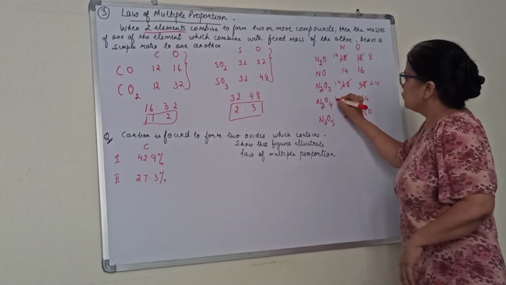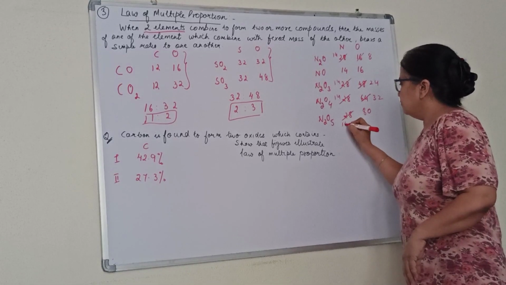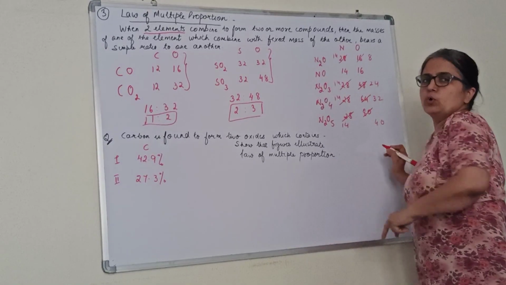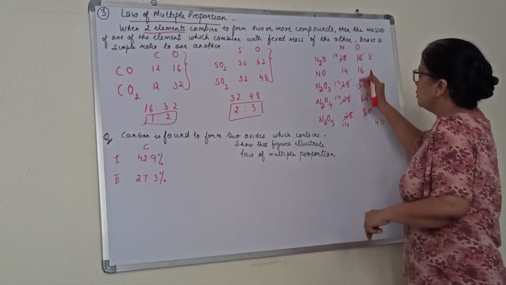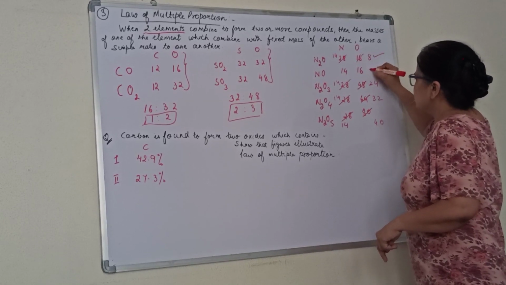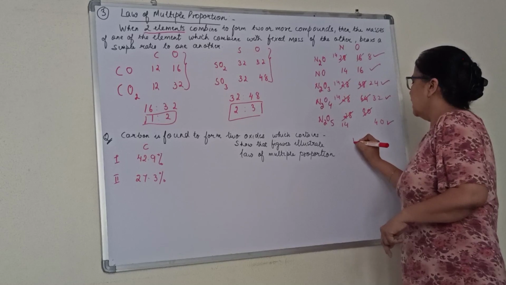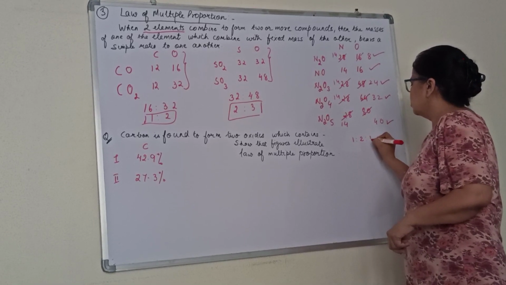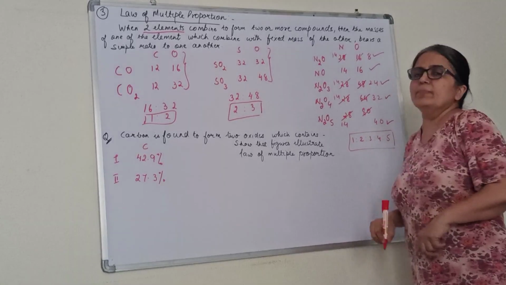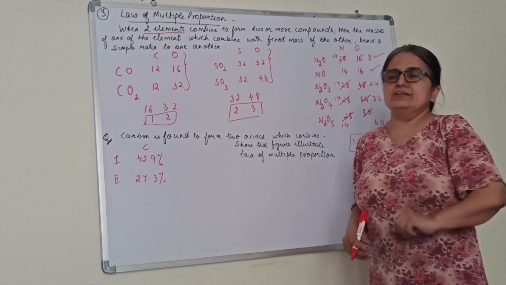Halving this to 14, this will be 32. Halving this again to 14, this will be 40. Keeping nitrogen fixed in all, what is the ratio of the oxygen present? It is 8, 16, 24, 32, 40. That is 1 is to 2 is to 3 is to 4 is to 5. It bears a simple whole number ratio. Clear, children, till here?